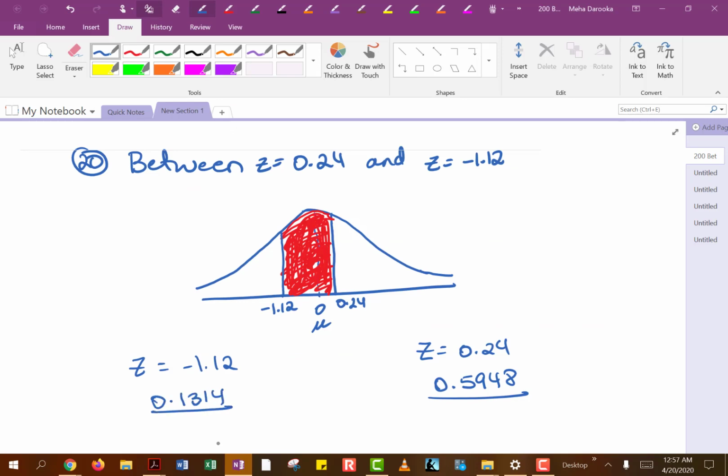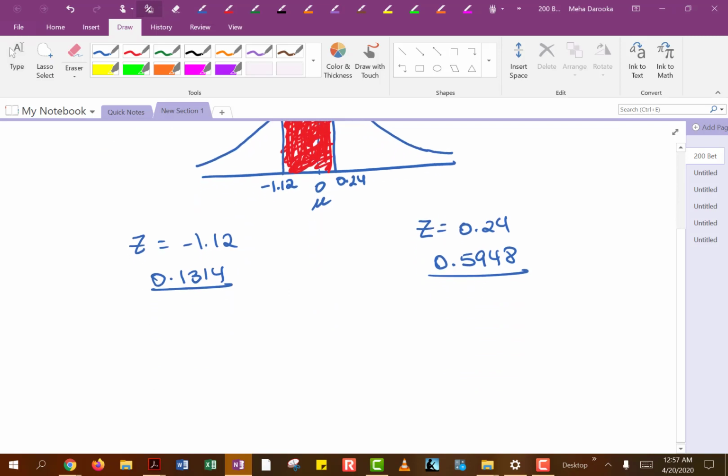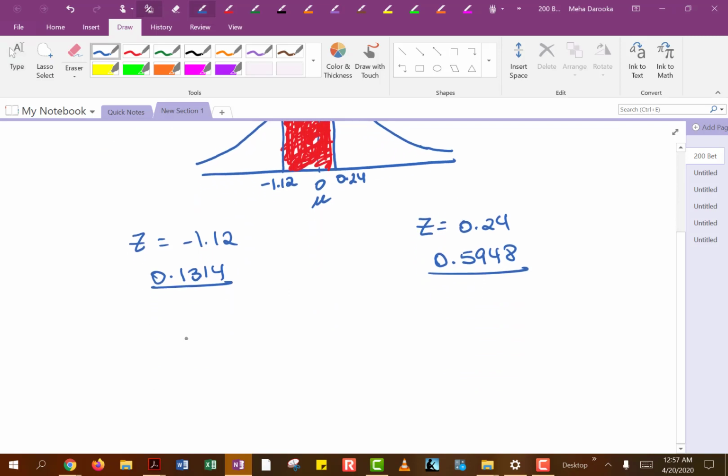Okay, so once you find your two z-scores, then of course remember, since this is in between, to find our final answer, we are going to be doing 0.5948, and from that we will be subtracting 0.1314. So if you put this in your calculator, you should get an answer of 0.4634.